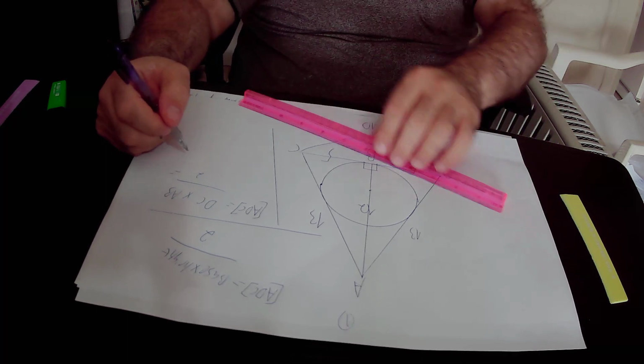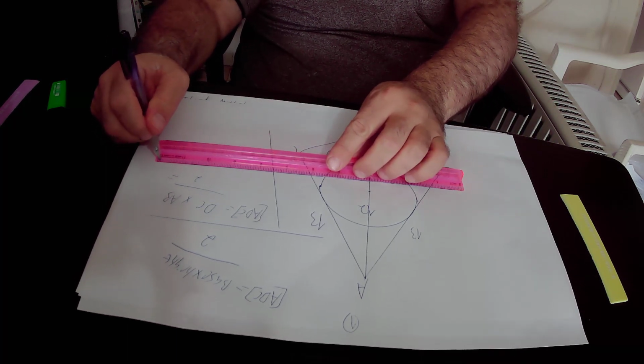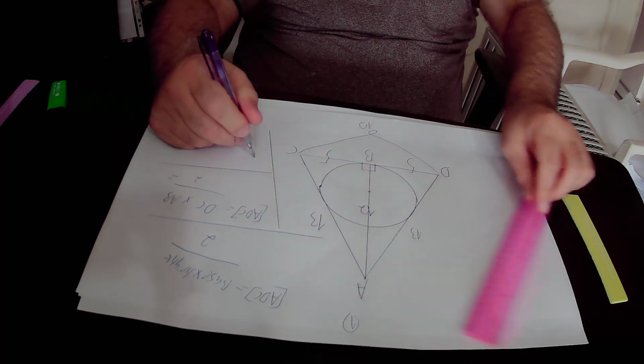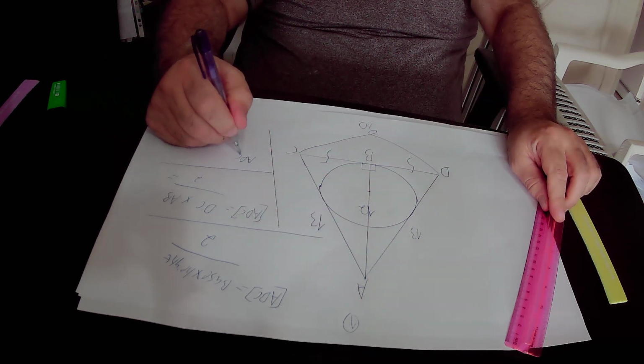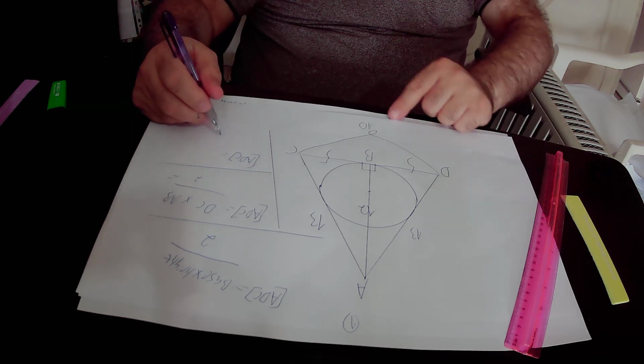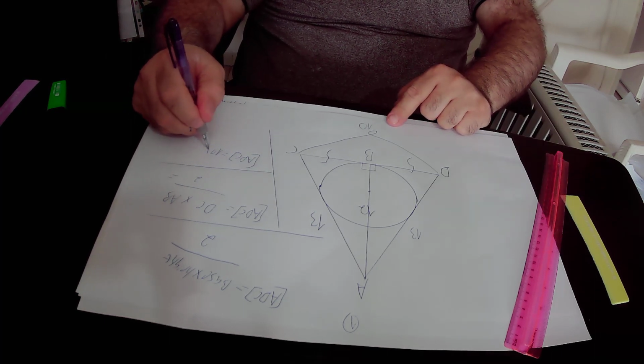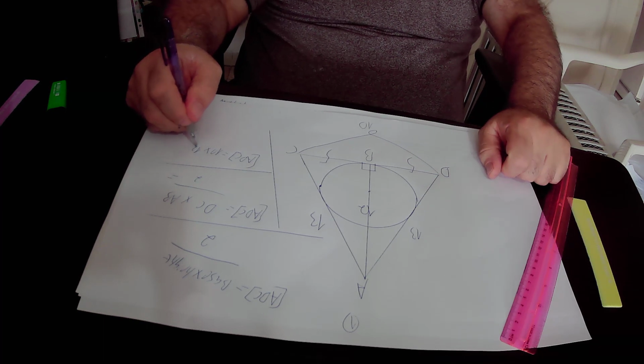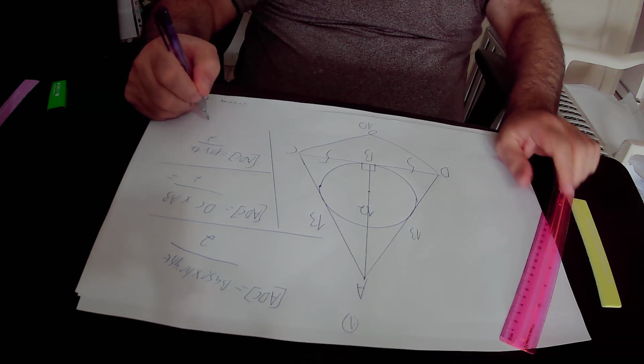So the area of the isosceles triangle ADC is equal to DC, which is 10 units, times AB, which is 12 units, divided by 2.